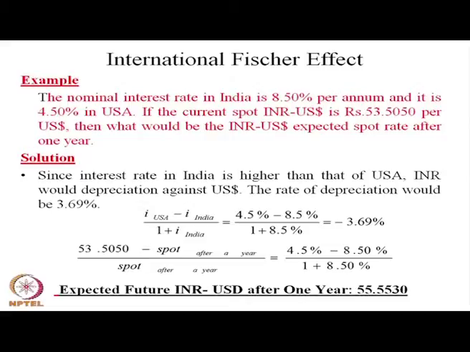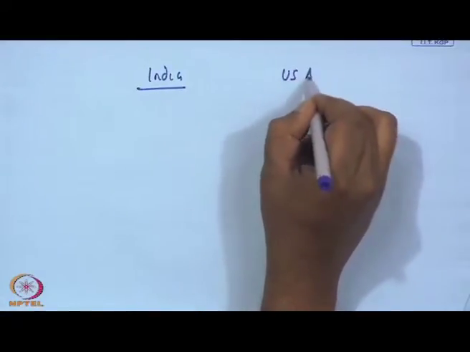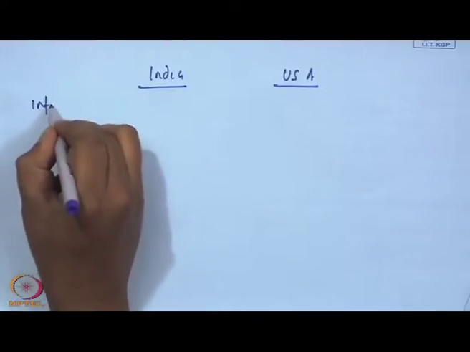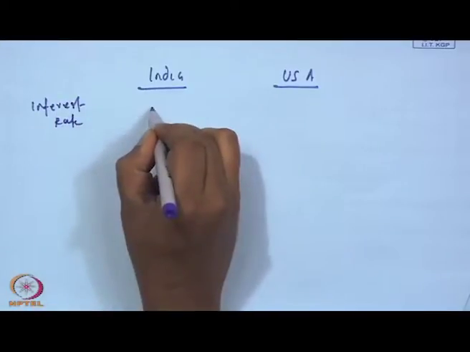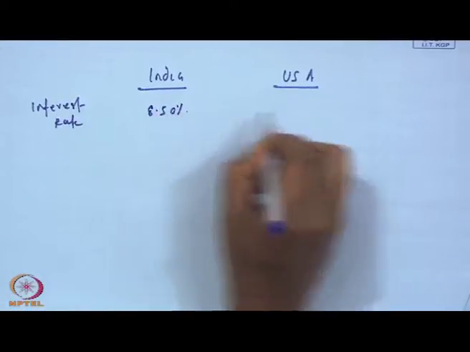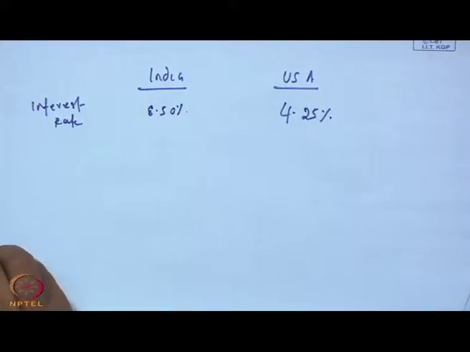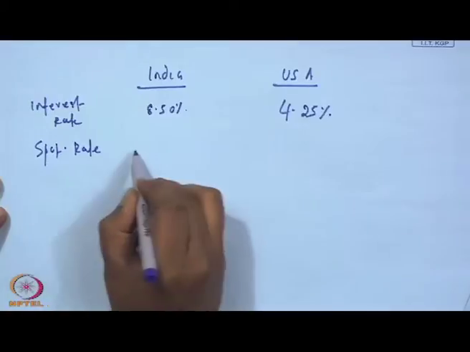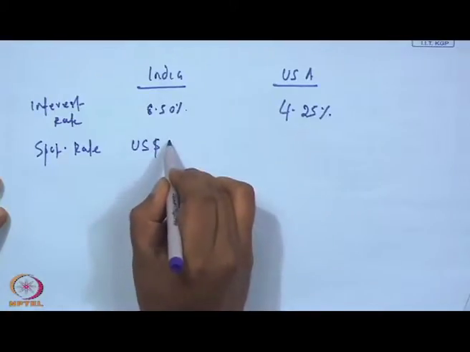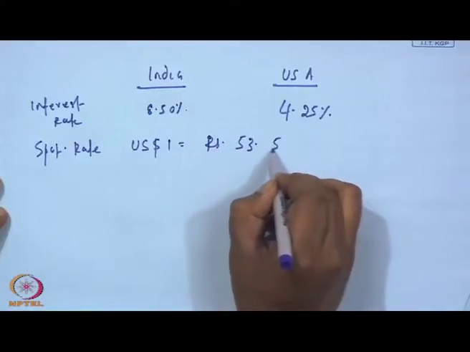The interest rate differential, as I mentioned here, in India and US, the interest rate in India is 8.50, US interest rate is 4.25 percent. Okay. Now, the spot rate between US dollar and Indian rupee given to us, $1 is equal to rupee 53.5050.